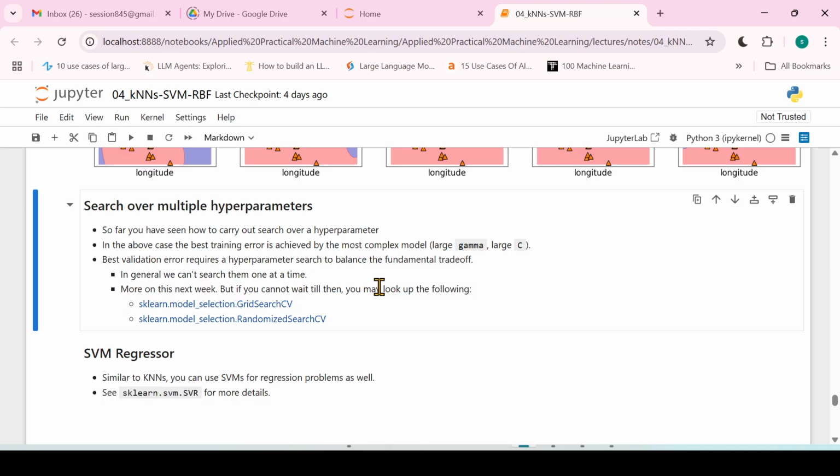In that case our problem becomes complicated. In that scenario, we use two algorithms, grid search CV and randomized search CV. These two algorithms help you decide the best hyperparameters for a particular model.